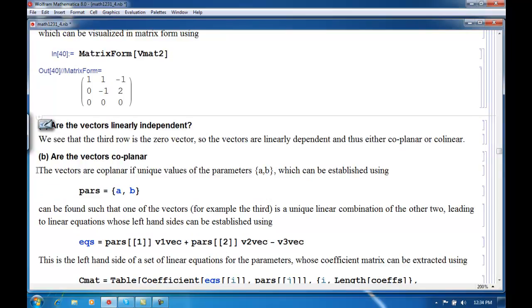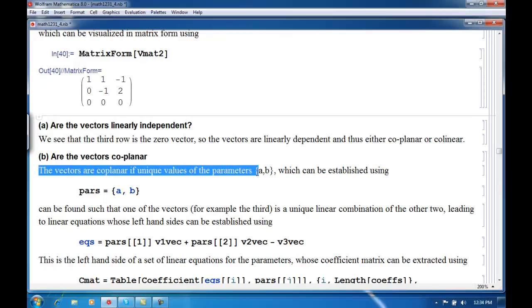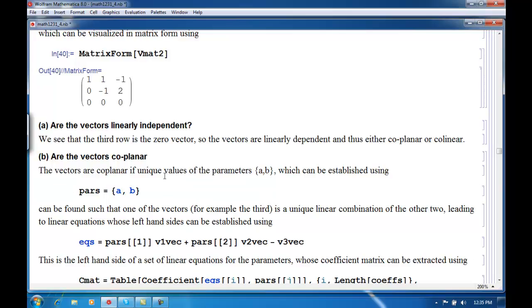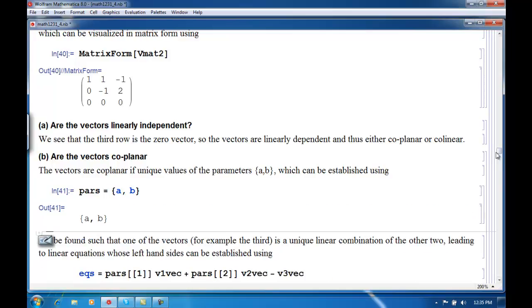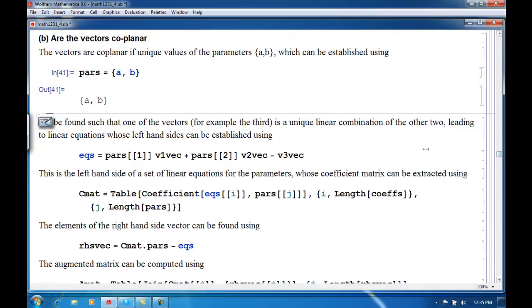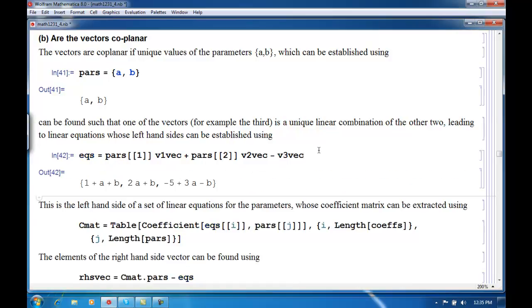Well, the vectors will be coplanar if we can find unique values of the coefficients a and b, which we can set up using that, such that the third, for example, is a linear combination of the first 2. So we set up this set of equations. So these 3 equations have to be 0.